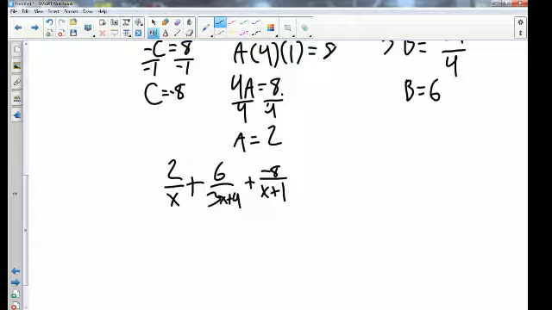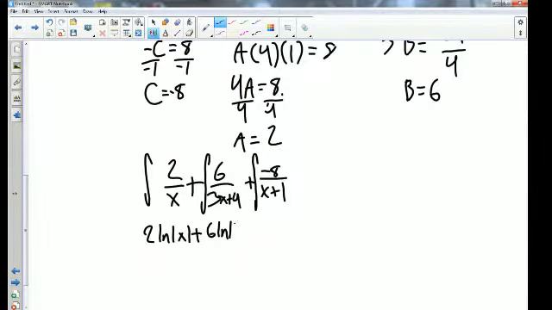Okay, so then once you do that, you integrate each one, integral, integral, integral, you get 2 natural log absolute value of x plus then b, so it'd be 6 natural log absolute value 3x plus 4 over 3, because when you integrate this one, you have to do the chain rule.